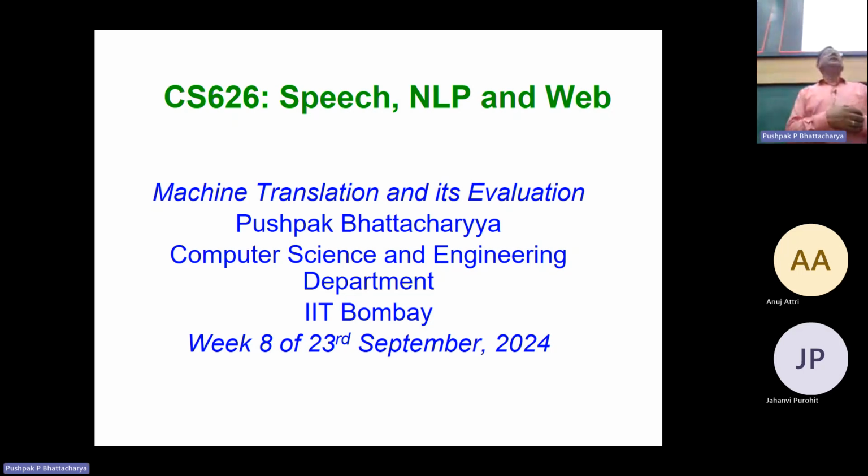As I'll show you, and I think Saurabh also has shown, while tackling the machine translation problem, you encounter all the problems of NLP. That we'll see. And machine translation also can be said to have started the whole area of AI itself.